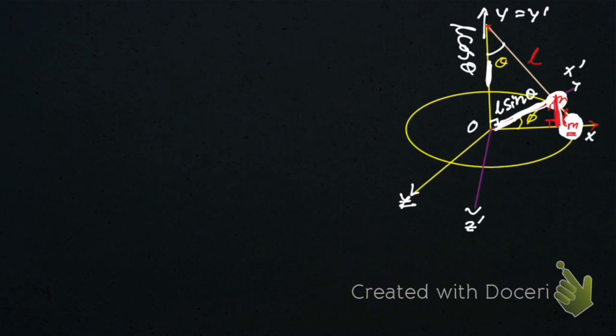So here we're gonna write L. Now let me write the positions of this box with respect to x, y and z axis.